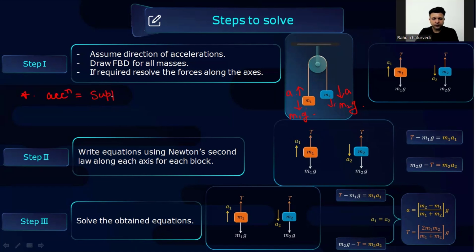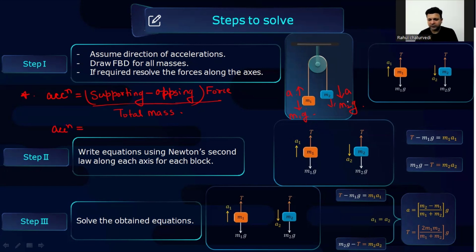Getting my point? So you can say that acceleration will be equal to supporting force minus opposing force divided by total mass. So by using this concept, you can directly find out the acceleration. So acceleration will be equal to what?